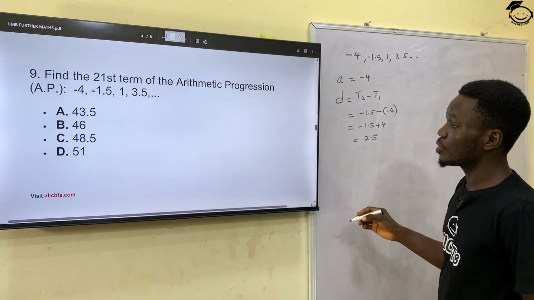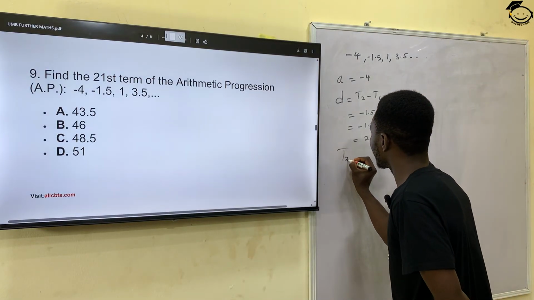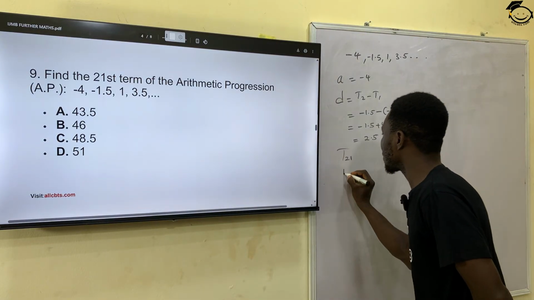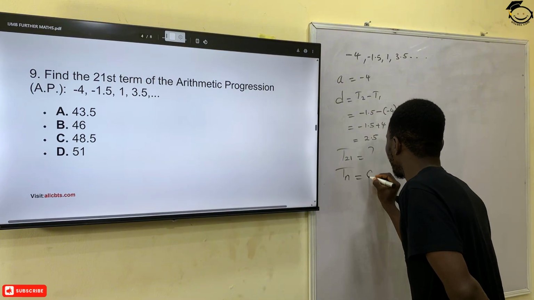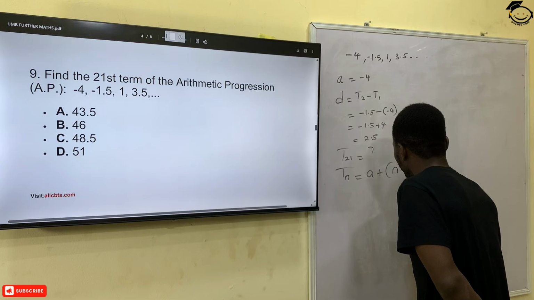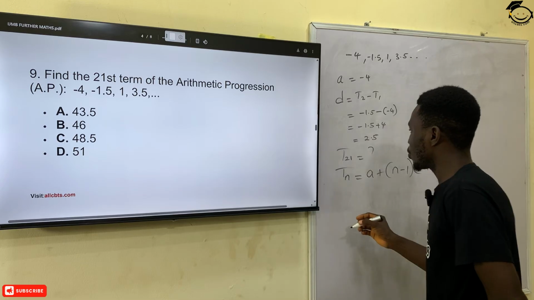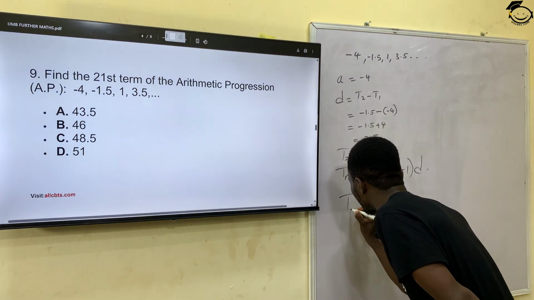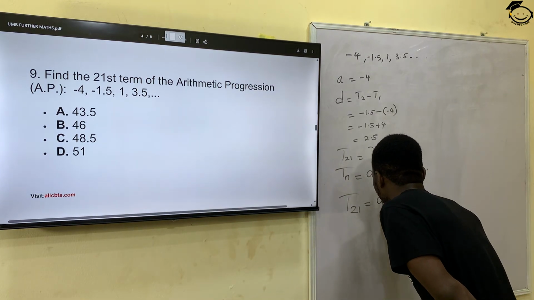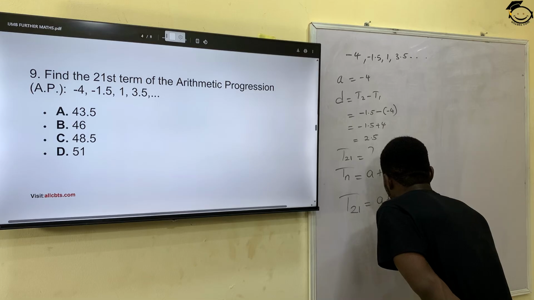So we're going to use this to find our 21st term. So for us to find our 21st term, T21, we do not know, but we know that our Tn is supposed to give us A plus n minus 1 bracket D. So if I apply this same format to get my T21, it is supposed to give me A plus 20D.